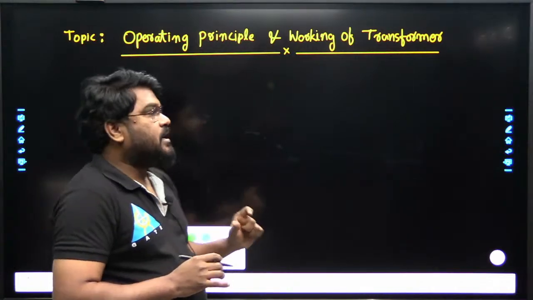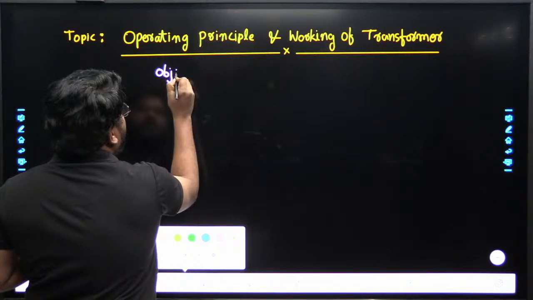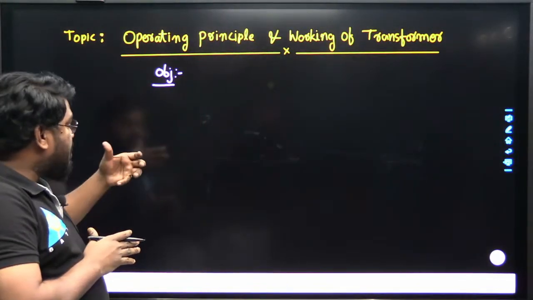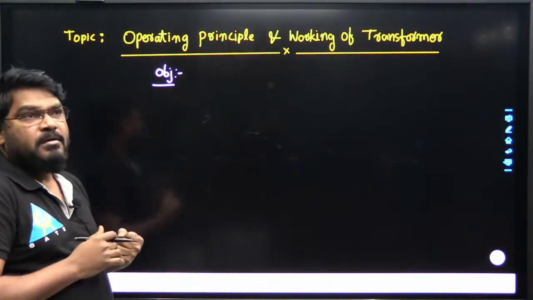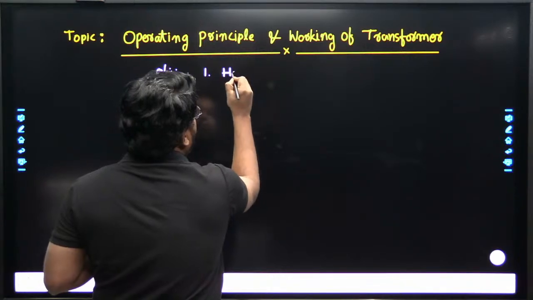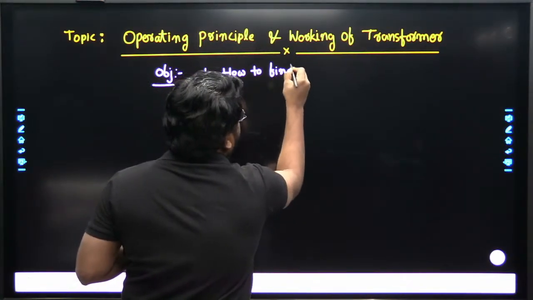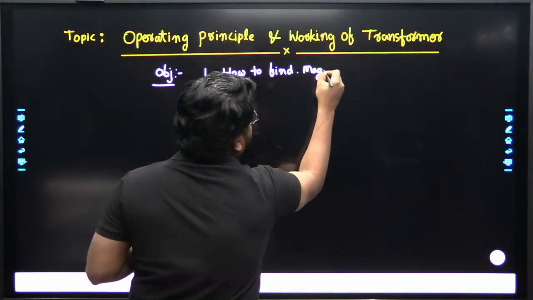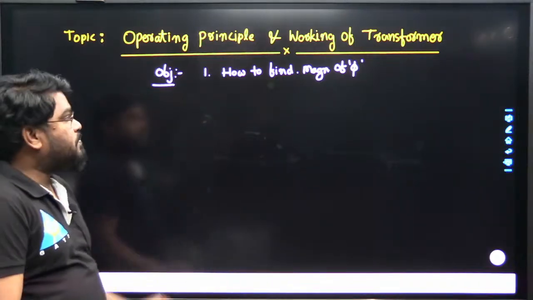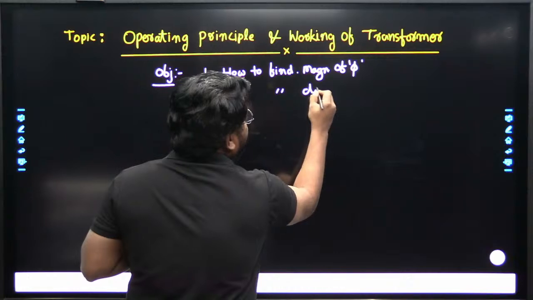Initially, what are the objectives of this topic? Objectives means what topics are to be discussed. What are the questions to be discussed in this topic? The first question is how to find the magnitude of the flux in the winding. Next is how to find the direction of the flux.